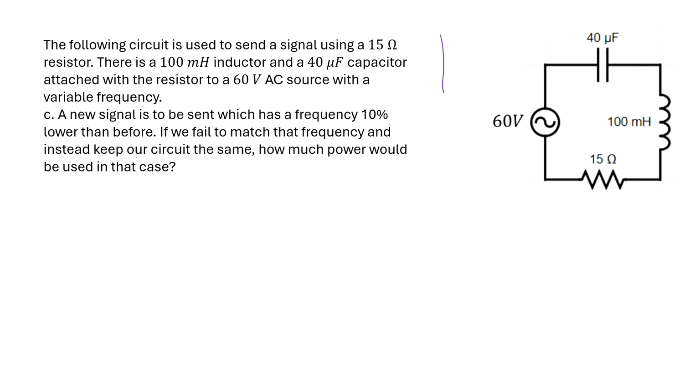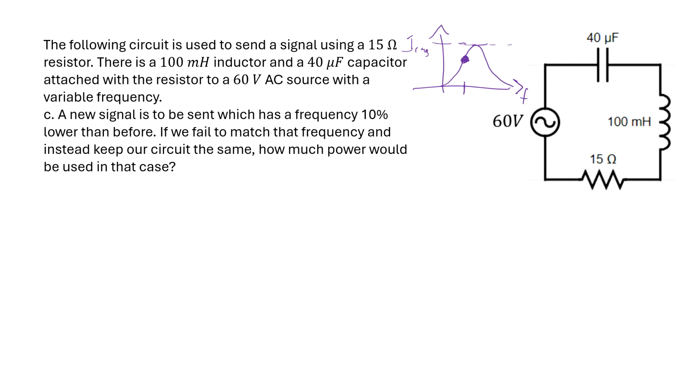So we still have the same graph where across the different frequencies we have this peak, and this is the IRMS value here, and this is the maximum IRMS, except we're going to move a little bit to the left, and so we're not going to be optimal. It's going to be lower than 4 amps, our IRMS current.